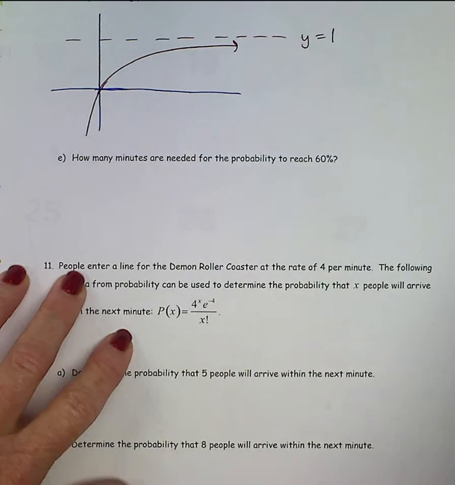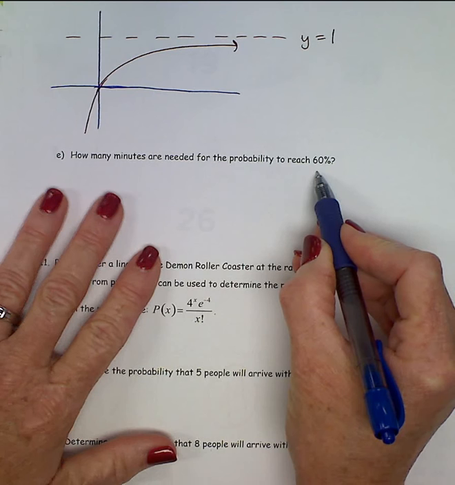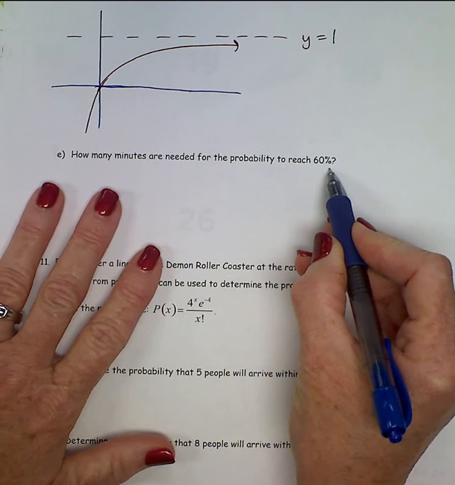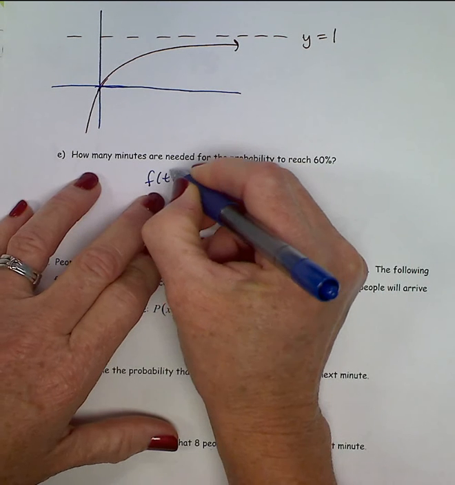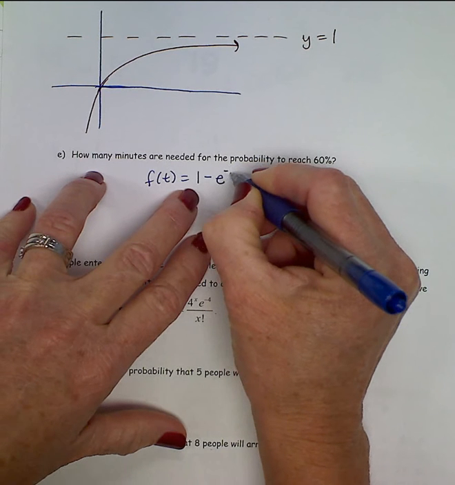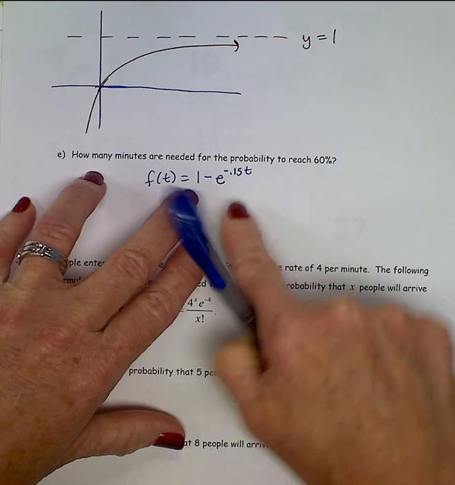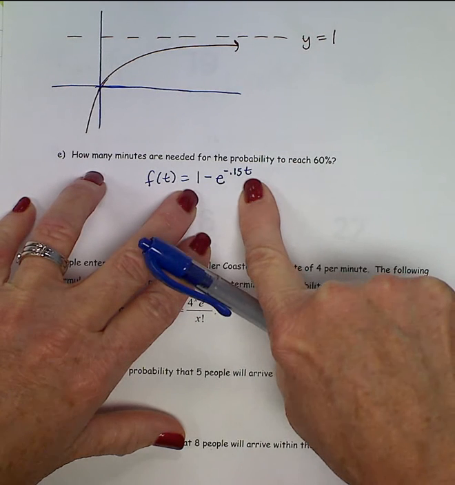Okay, next part. How many minutes are needed for the probability to reach 60%? So f of t, I'm just writing the equation again, 1 minus e to the negative 0.15 t. This time I didn't give you the time value, I want you to find that. I gave you the probability.